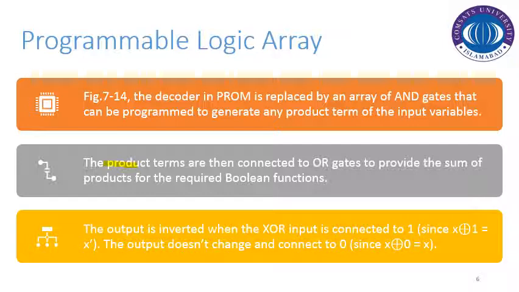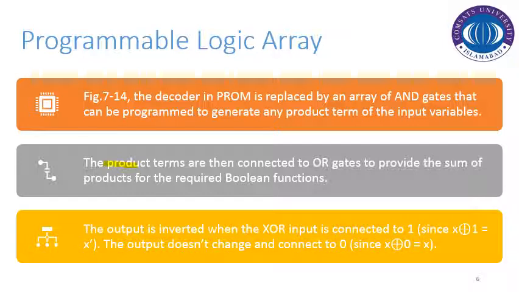These sorts of circuits have another exciting feature: they can generate the function in its original format, or sometimes we need the function in its complemented format, so we can also generate the output in complemented format. But we will not use a NOT gate here, because that is a fixed structure and we cannot convert it back into the original format.